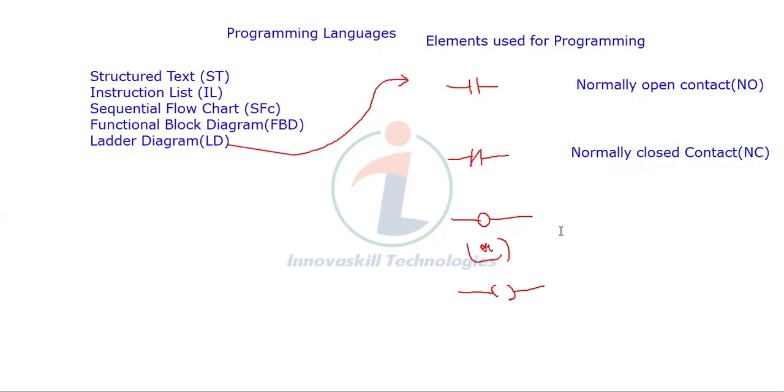And this will be called either memory coil or load or output coil. So these are the three commonly used elements. We will see how to use these elements and do the PLC programming.